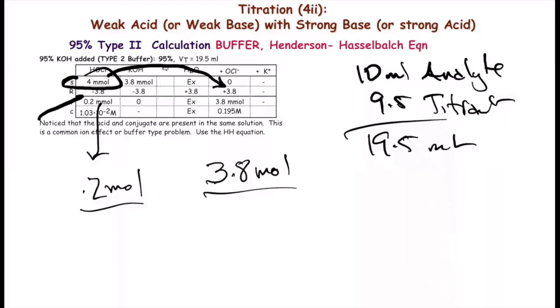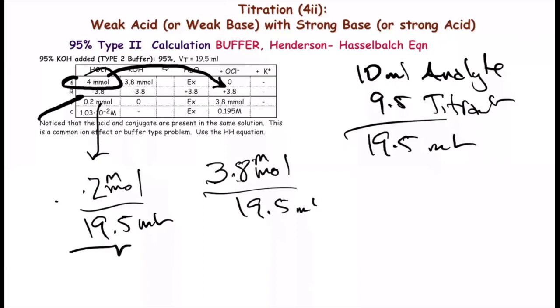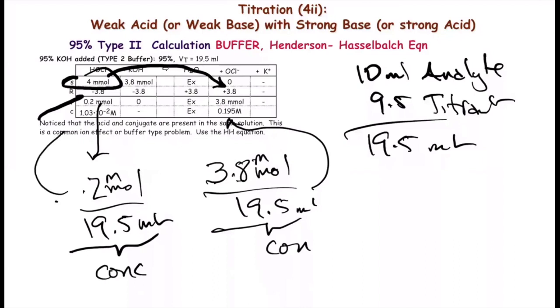You need to calculate how much remains over the total volume. Remember that 3.8 is in millimoles, I forgot to indicate that. Millimoles over milliliters gives you the concentration, and that's what you see right here: 0.195 and 1.03 times 10 to the minus 2.